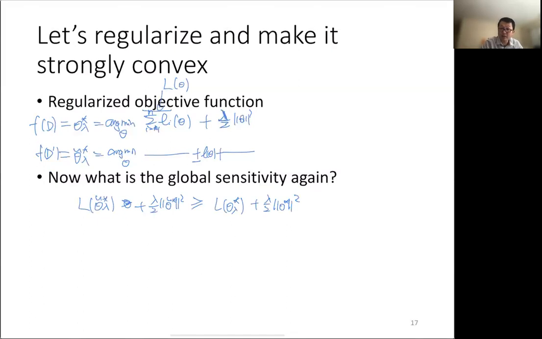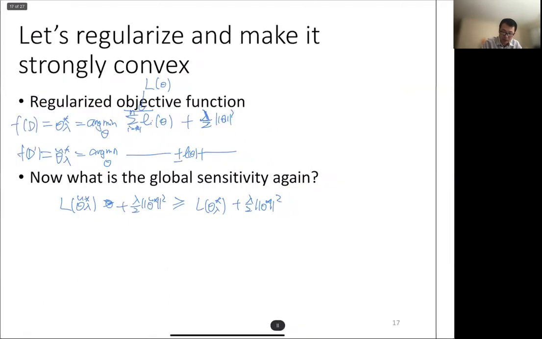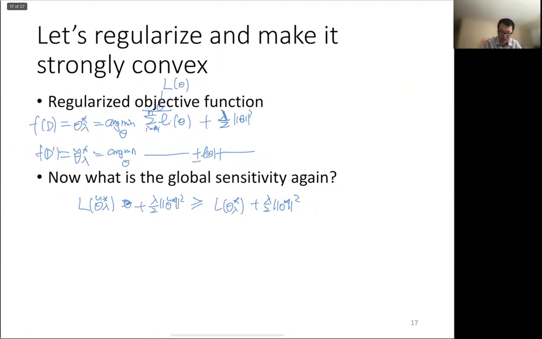And the term in the middle is going to be the gradient at this location multiplied with the difference of the parameter. But now the gradient is 0 because the optimal solution is theta star lambda, right? So we'll get 0, plus half lambda, this is a strong convexity term, theta star lambda minus theta tilde star lambda squared.